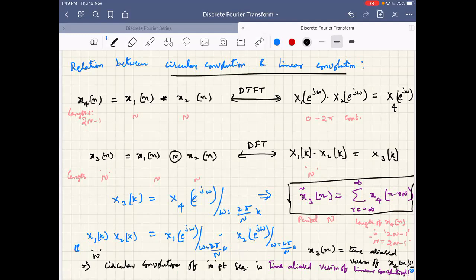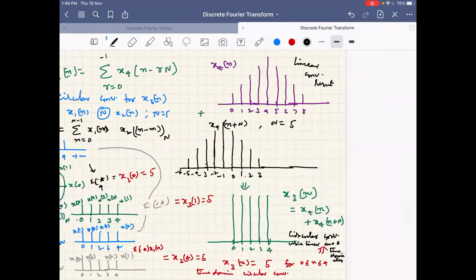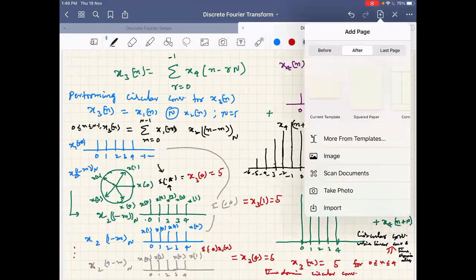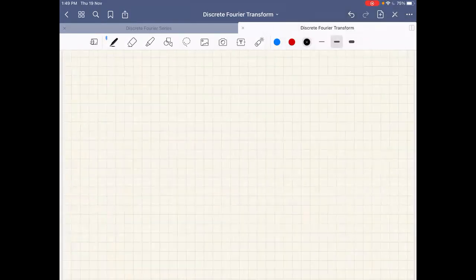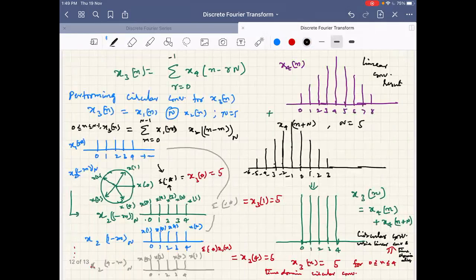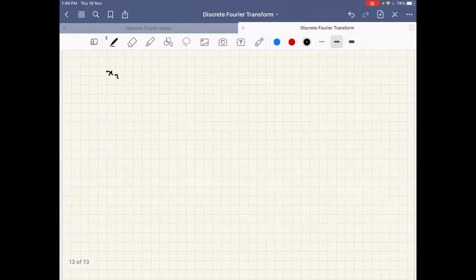Now there is one more point to discuss. Let us take the same scenario where we have x3 of n, which is equal to x1 of n convolved with x2 of n, and this is the discrete time Fourier transform.